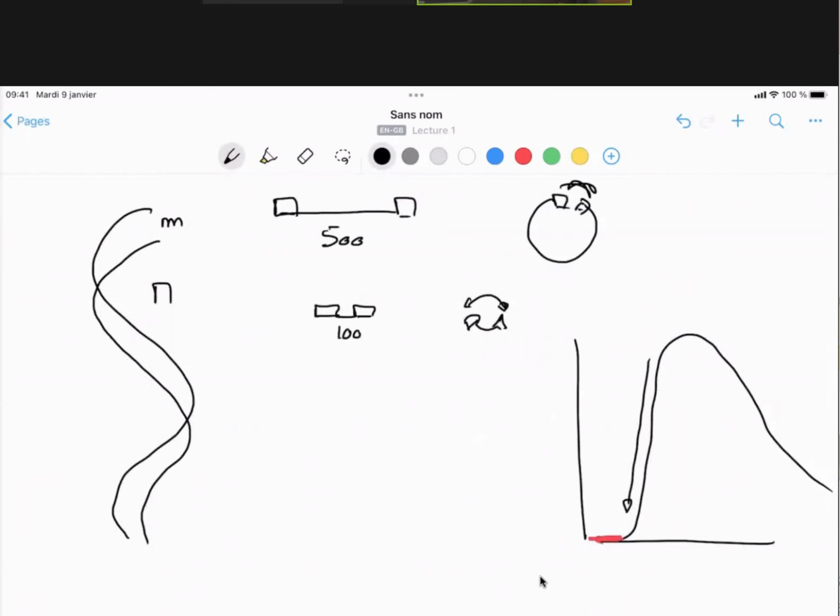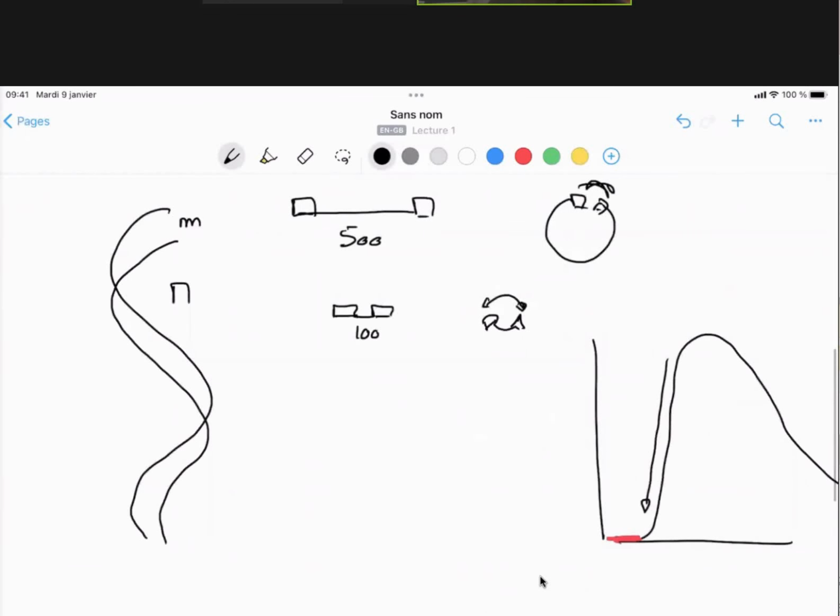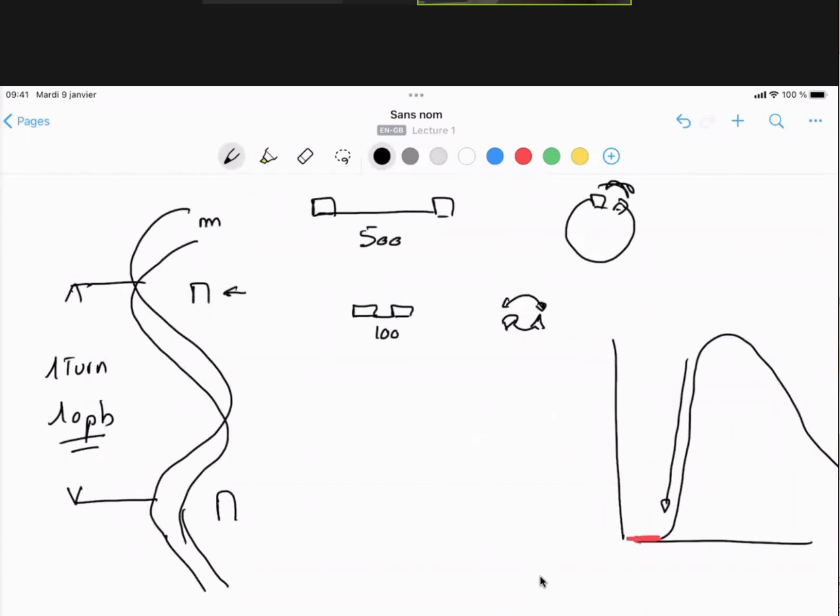What's happening is, and last point, one turn of the helix is 10 base pair. So we have one turn every 10 base pair of DNA. It means that the major grooves, this one and this one, are going to be on the same face of DNA every multiple of 10, every turn.